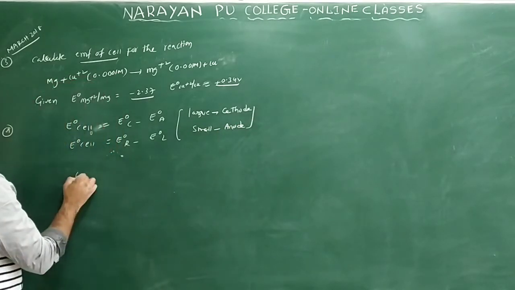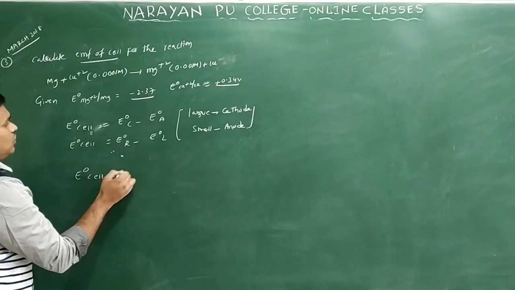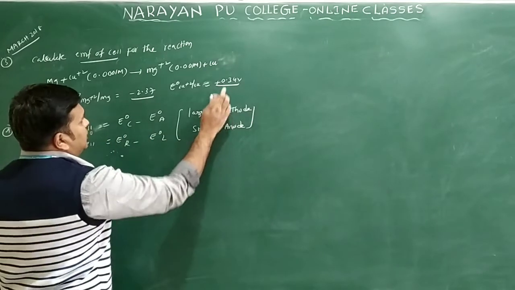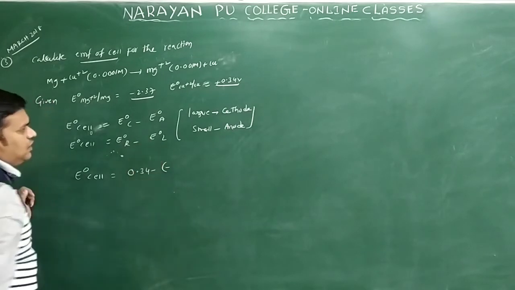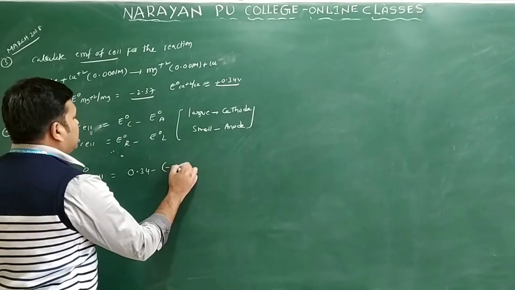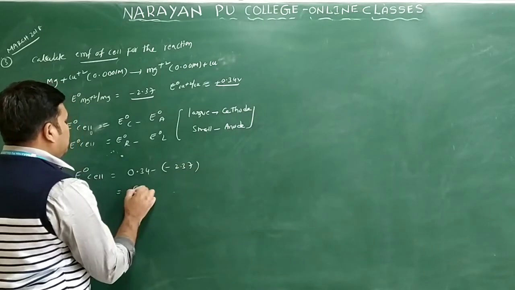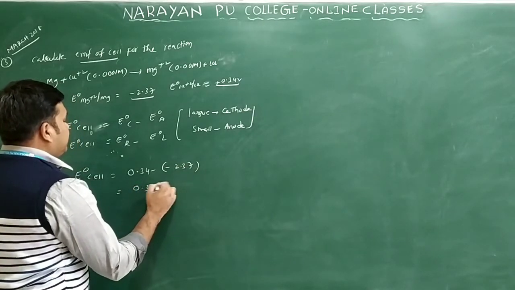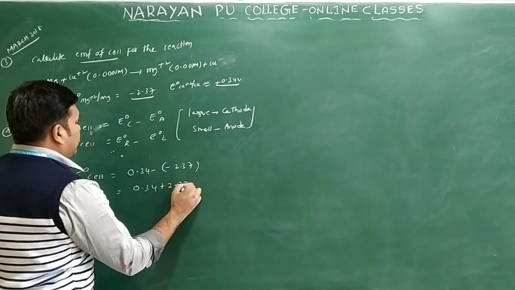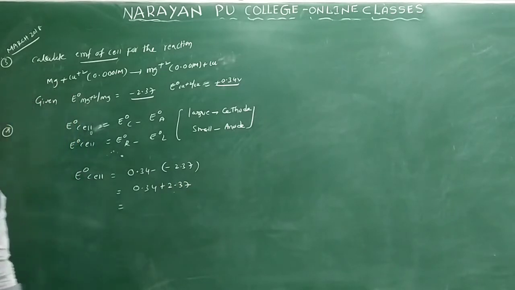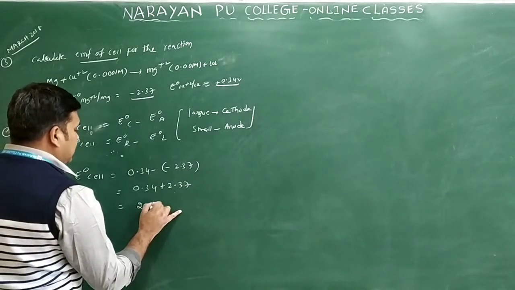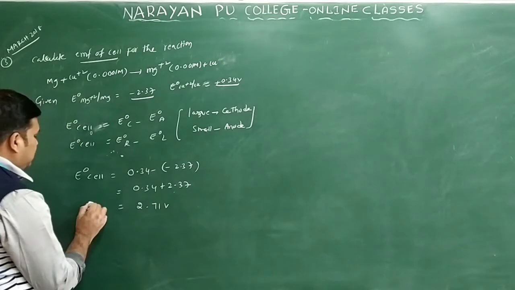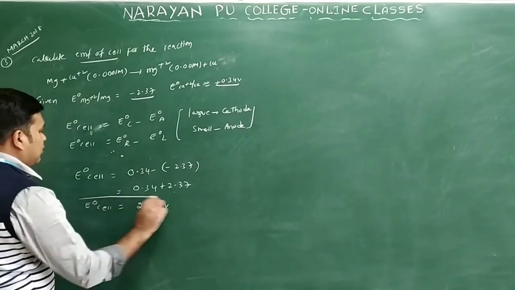So from this I will write E naught cell is equal to the cathode value, which is the largest value, 0.34, minus the anode value, which is given as minus 2.37. You add 0.34 plus 2.37, so then you will get 2.71 volts. This is E naught of the cell only.